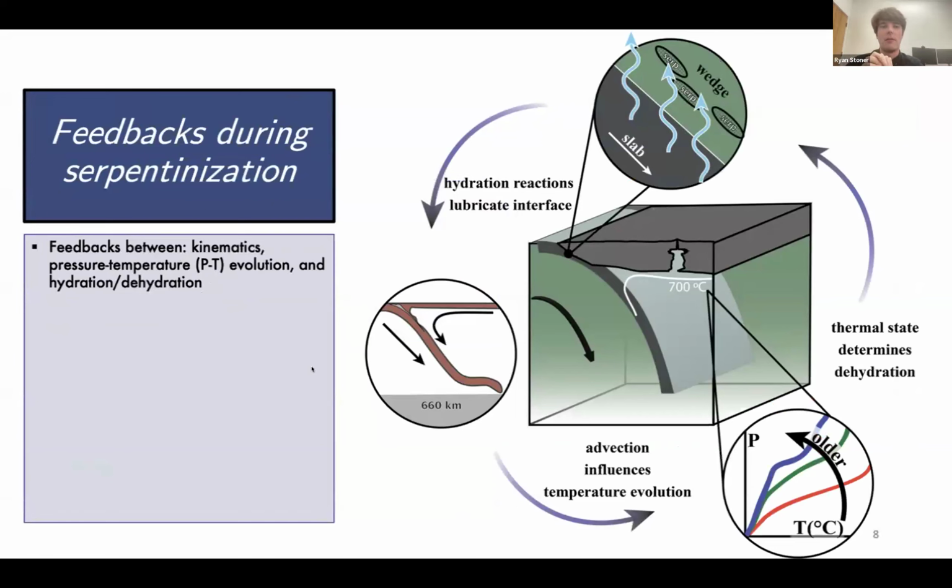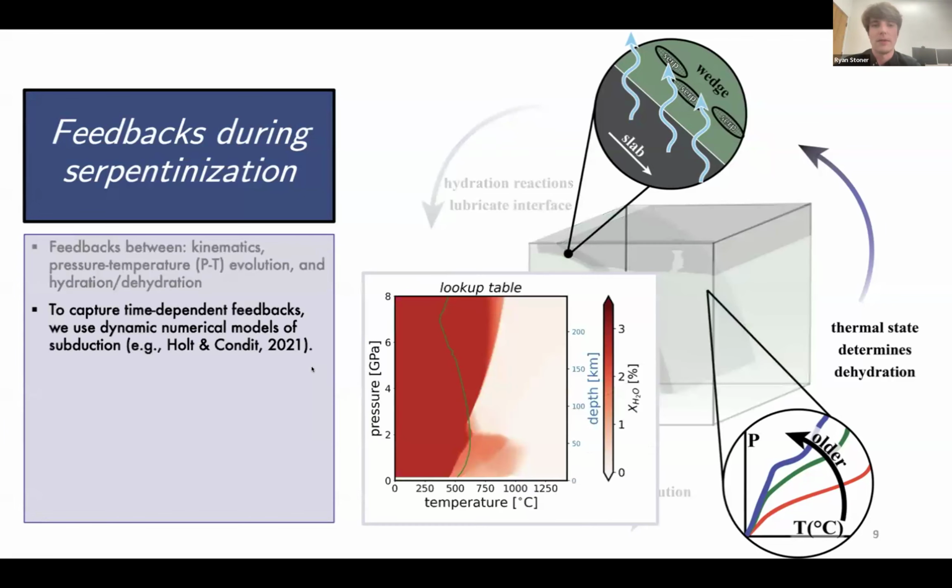So I'm showing a couple different zoom-ins of the different processes that are happening. Bottom right, we expect the temperature of the plate interface to evolve over time. We expect that to then tie into changes in the dehydration, and then that might also change the plate kinematics as well.